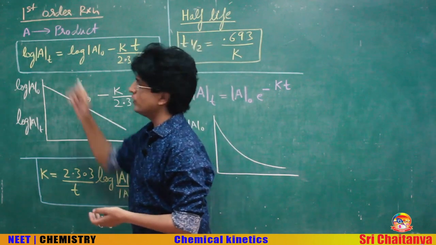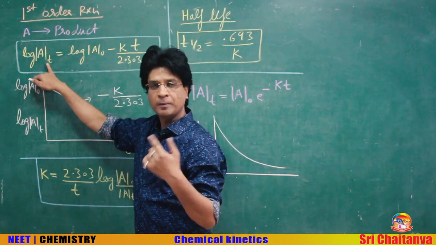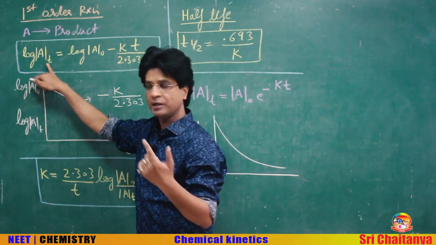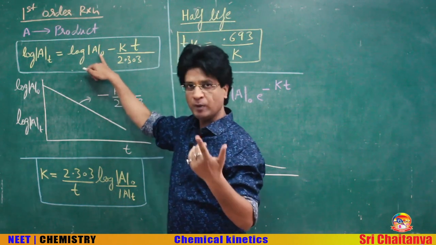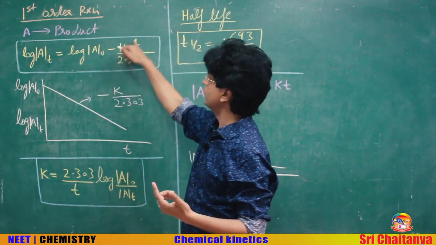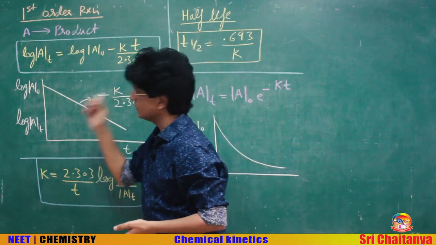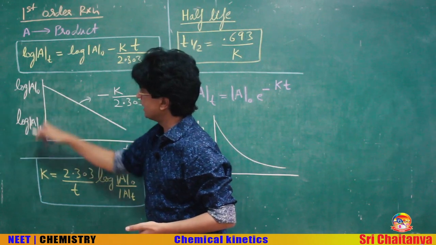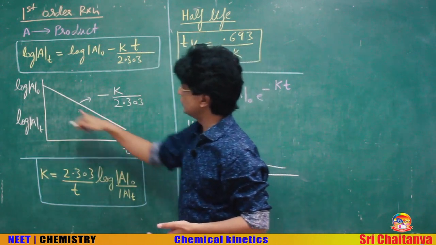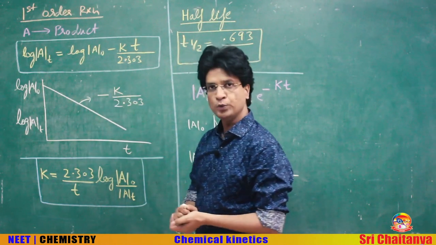And the equation of first order reaction is log of At, where At is the amount of reactant remaining after time t, equals log of A naught, the initial amount of the reactant, minus Kt divided by 2.303. Now if you plot this line with log of At on the y-axis and time on the x-axis, you will get a negative slope, with slope being minus K upon 2.303.